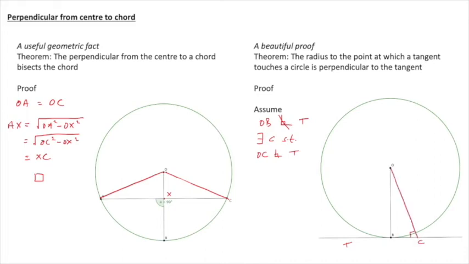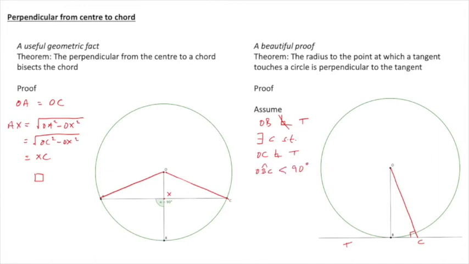And there it is. And it looks ridiculous, I know, but it's part of the proof, and it could be just that I've drawn it badly. Maybe there is a line that isn't going to the point B that is perpendicular. In fact, if OB isn't perpendicular to T, then there must be a line somewhere.